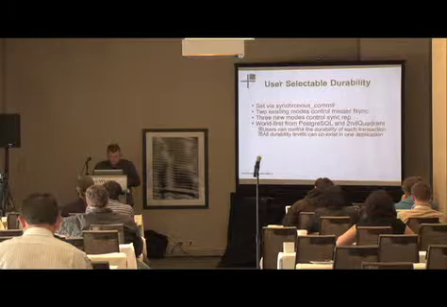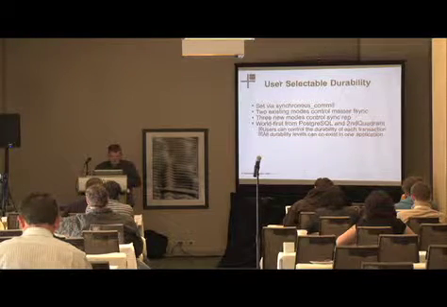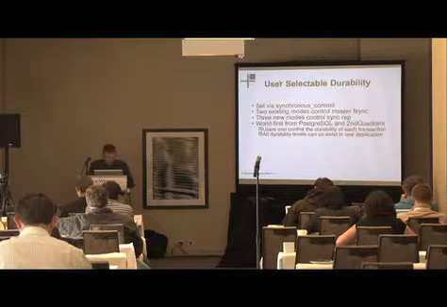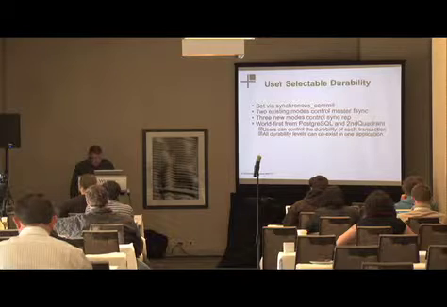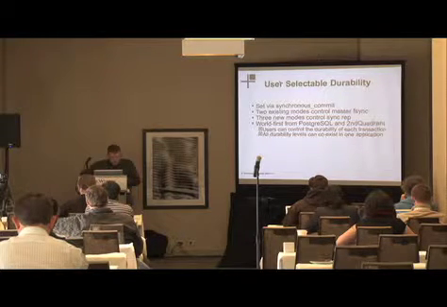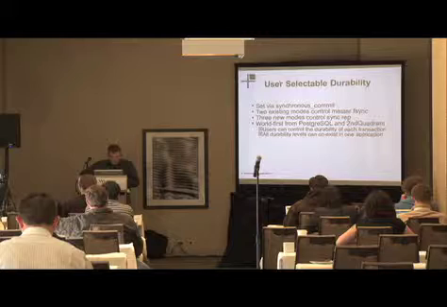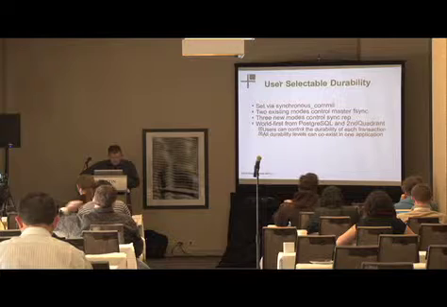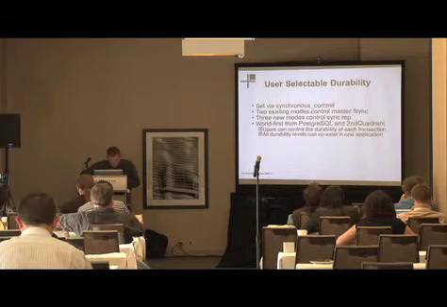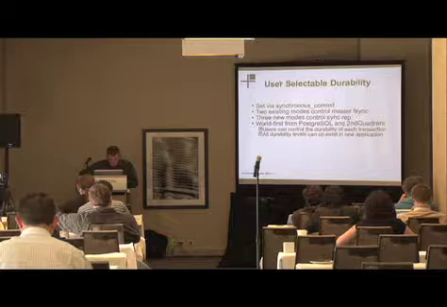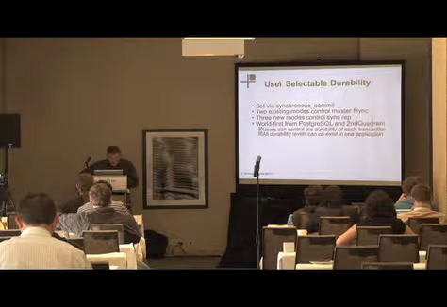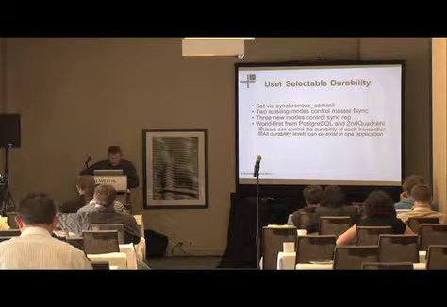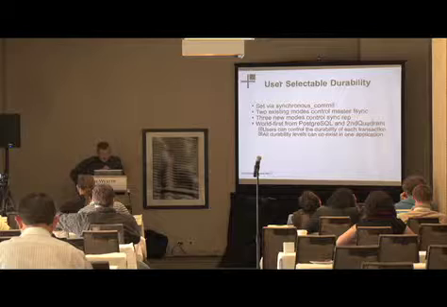Okay, this is a little bit more on user selectable durability. That is set via the synchronous commit parameter. So Postgres allows you to trade off different levels of durability, from super durable, sync rep on the one hand, to a local commit on the other, and most lax of all, you can do an asynchronous commit where we don't block on a transaction being committed.